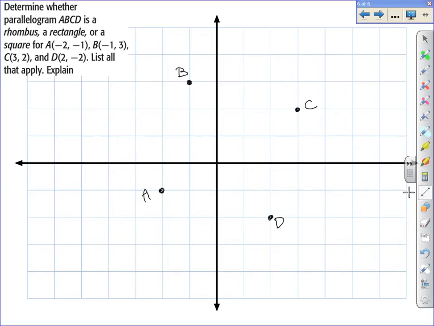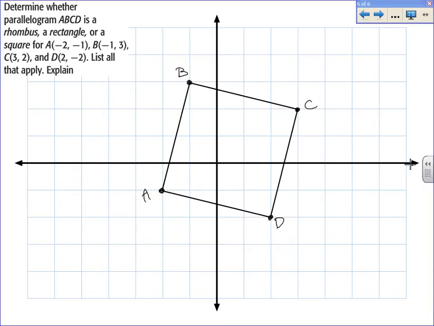We'll see what it looks like. Okay, it looks like I probably have a square, but to check this for sure, I'm going to have to use what I know about distance and slope.